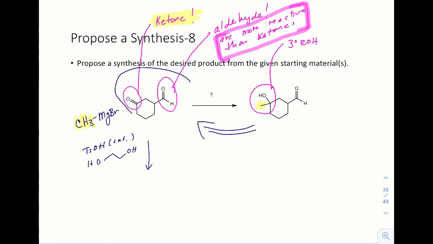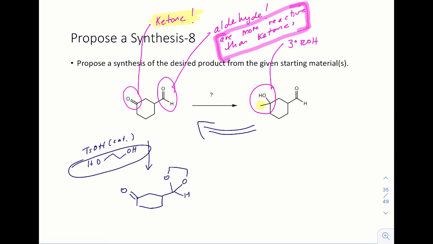If we treat this starting material with a catalytic acid and an alcohol, and we're careful, meaning we monitor the reaction, we will be able to stop it after just the aldehyde has reacted to form the acetal. Aldehydes are reactive enough compared to ketones that in the presence of a weak nucleophile like an alcohol, we can selectively react with the aldehyde over the ketone.